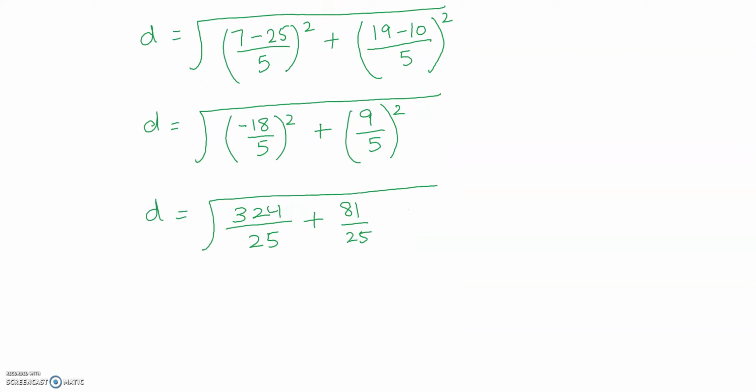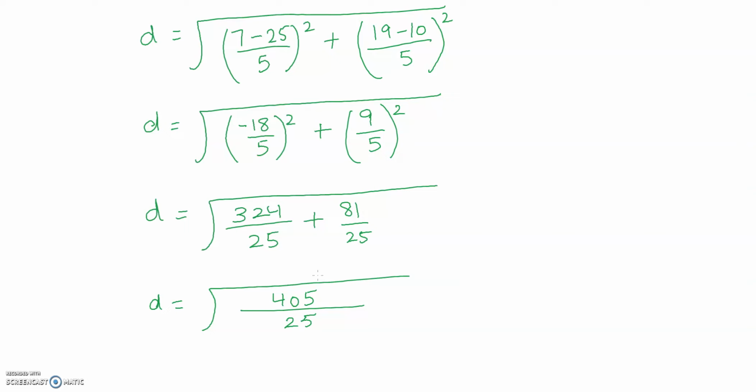Now the denominators are the same, we can add them. So the common denominator is 25. If I add 324 and 81, it will be 405. And at this point, you can reduce if you want.